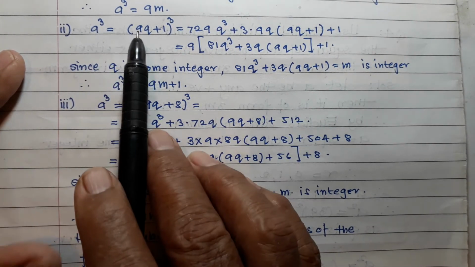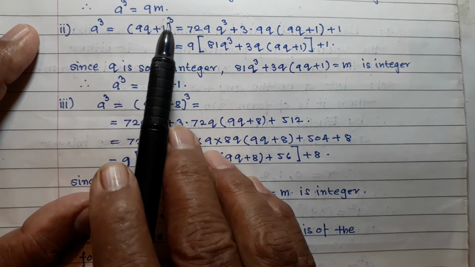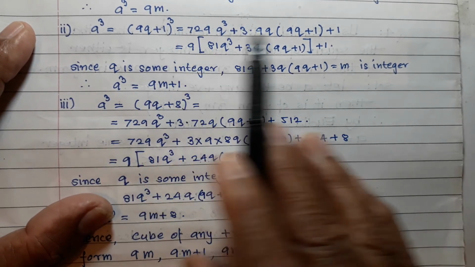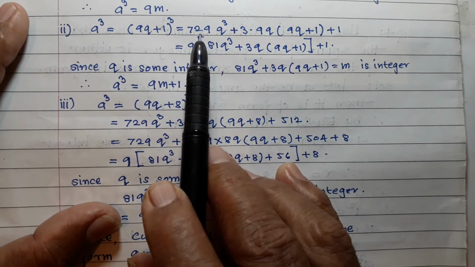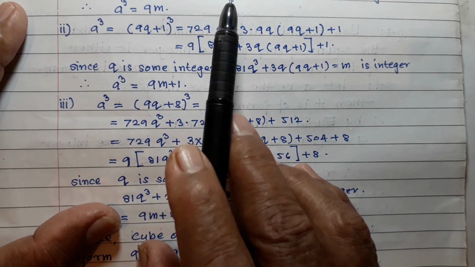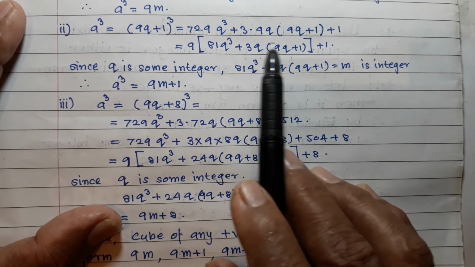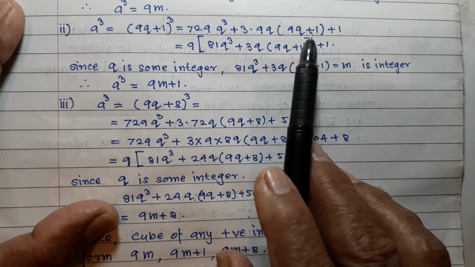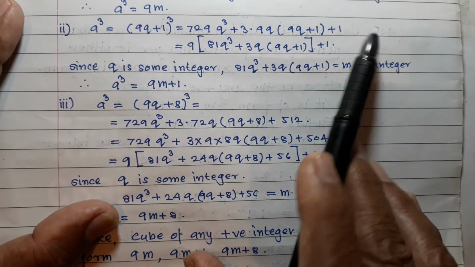a cube is equal to (9q + 1) cube. Expand this. So 729q cube + 3 × 81q square + 3 × 9q + 1. So this is an expansion.